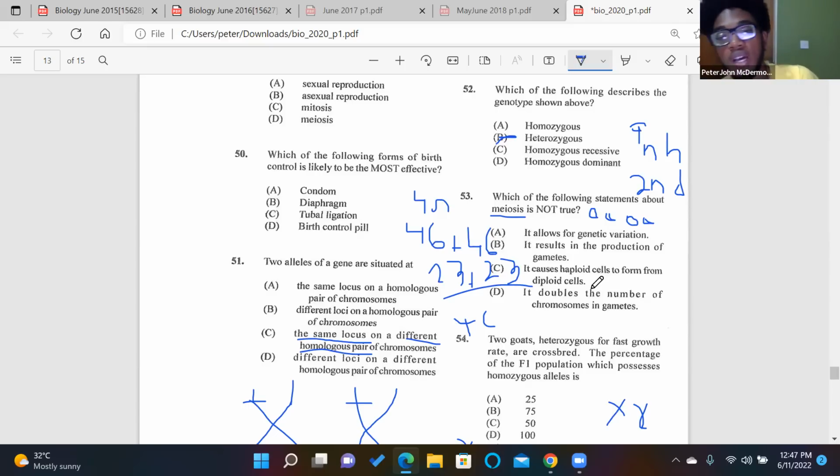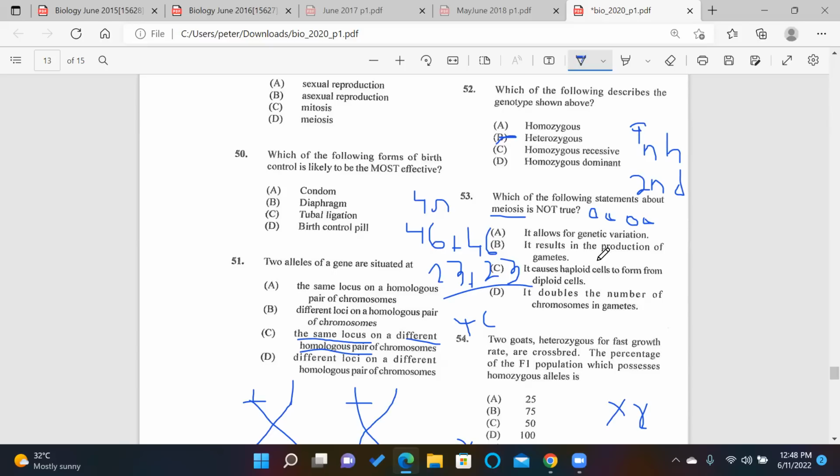So perfect, to form from diploid cells, we know that's true. It doubles the number of chromosomes in gametes, true or false? What does it do? It halves it. And we know it allows for genetic variation via what process?